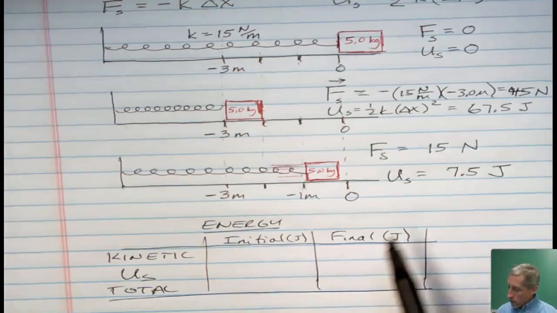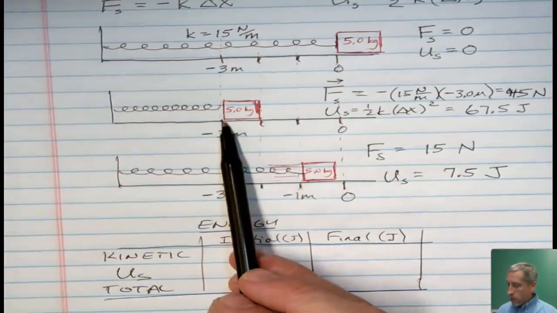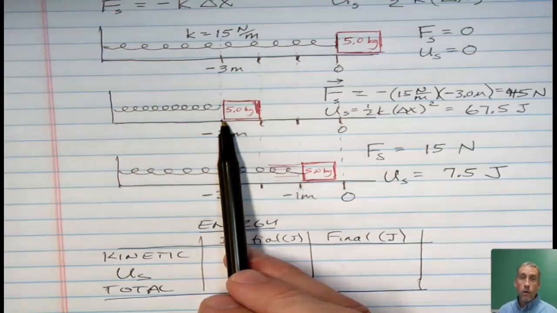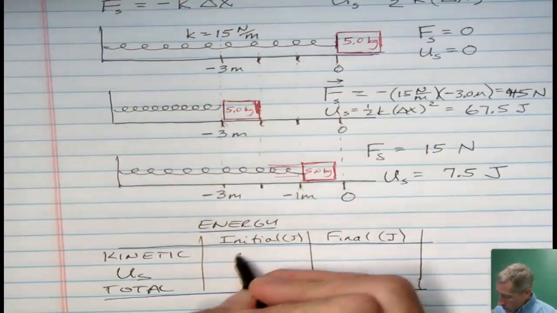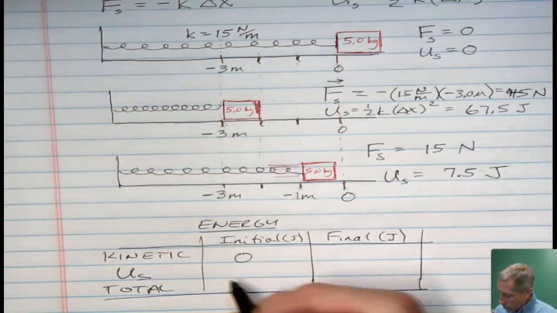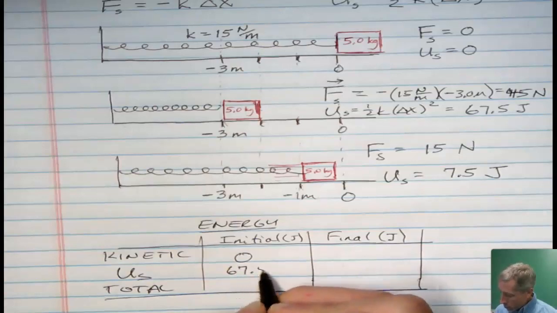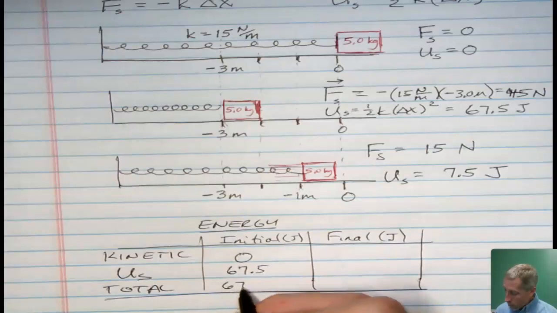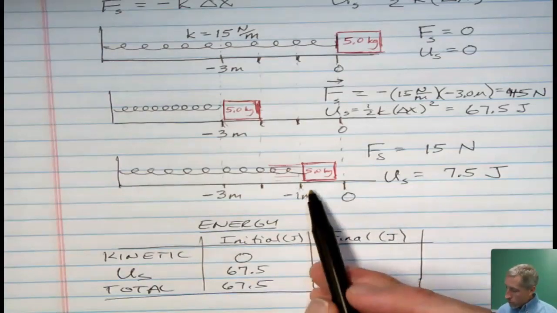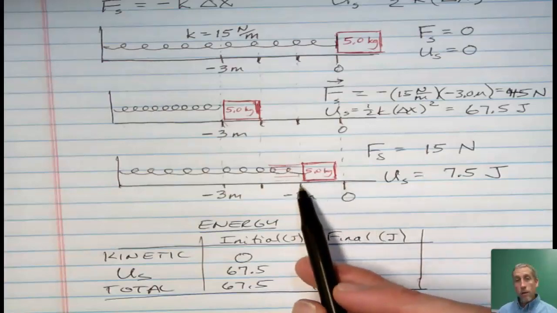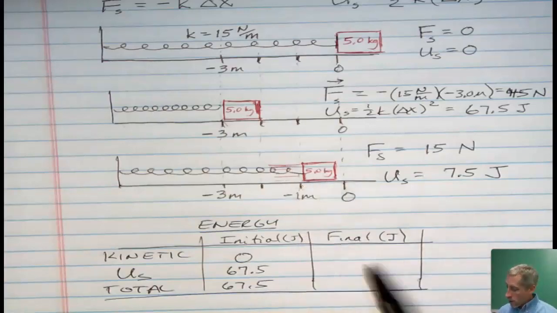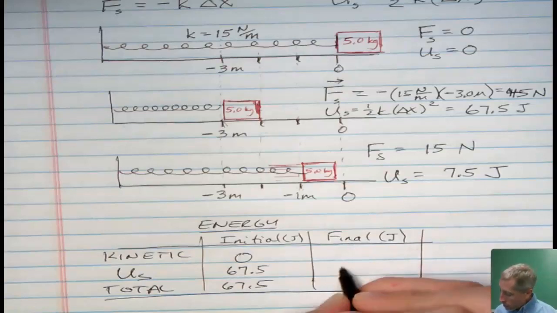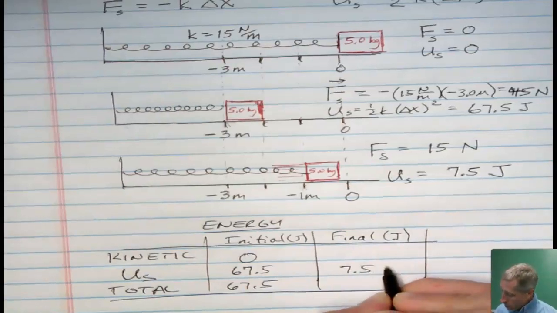So I started, let's say, at this position here. When I let go of it, I had no kinetic energy, but I had stored 67.5 joules of spring potential energy, for a total of 67.5 joules of energy. But when I move it back here to the -1 meter position, I calculated I only have 7.5 joules of energy.